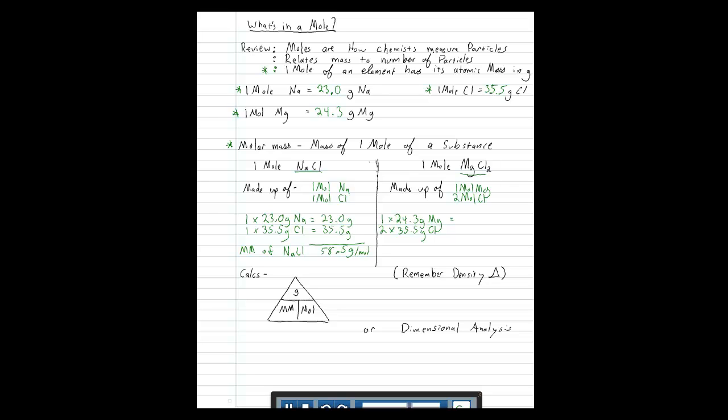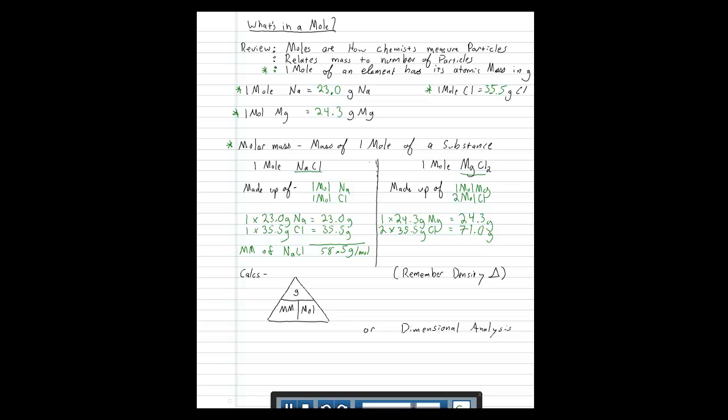I put the 1 there for argument's sake. After you get a lot of practice with this, it will come easier to you. So 1 mole of magnesium has a mass of 24.3 grams. And 2 moles of chlorine, each mole is 35.5, so twice that is 71.0 grams.